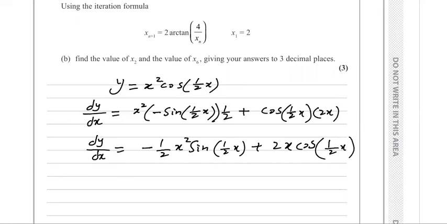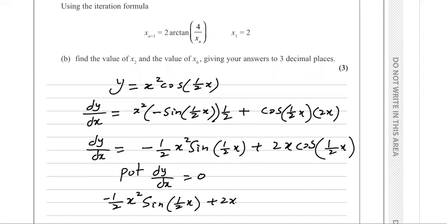Now as we have to find the x coordinate of the stationary point, I will put this derivative equal to 0. So you should put dy over dx equal to 0. So I will have now minus 1 over 2 x square sine of 1 over 2x plus 2x cos 1 over 2x equal to 0.